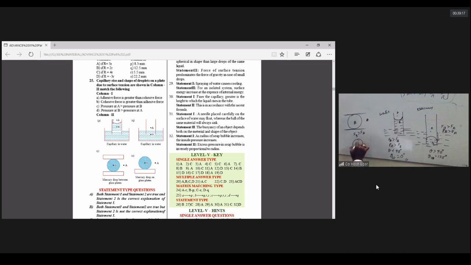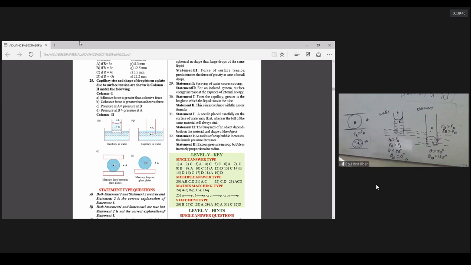Here also B is mercury, A, FB greater than FA. Don't confuse. Forces at B are cohesive forces inside, and between this surface and outer molecules, adhesive forces.